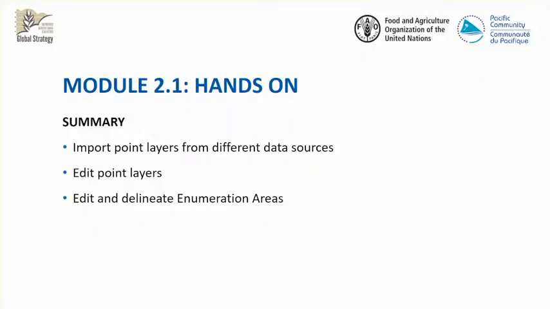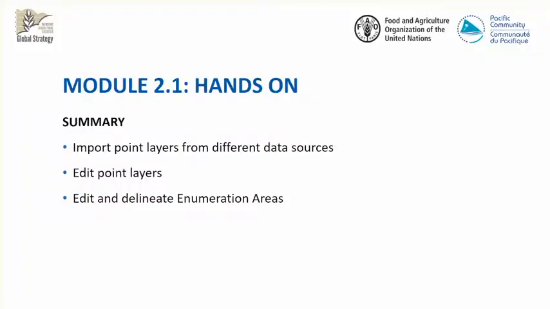So let's go to the exercise. What are we going to do now? Okay, we are in module 2, so all the elements you need for this exercise are in the module 2 folder, okay? We are going to import point layers from different data sources, from GPS, from CSV.